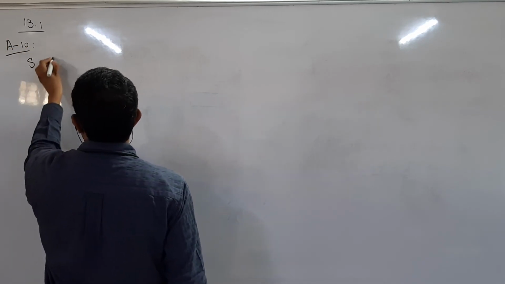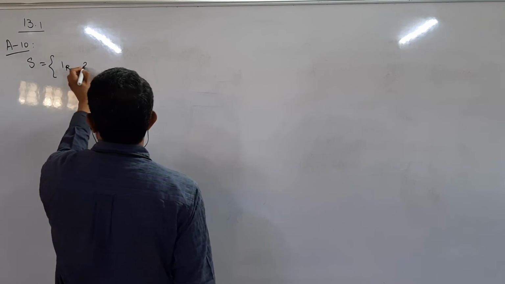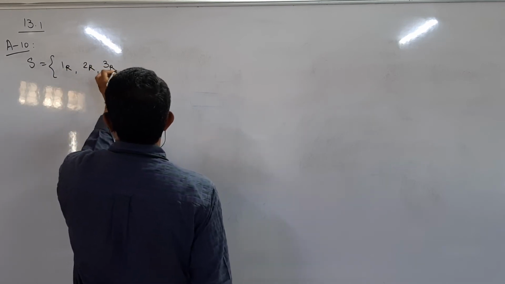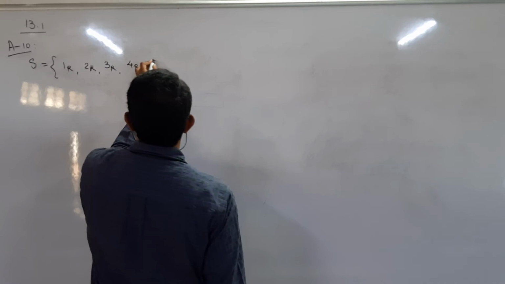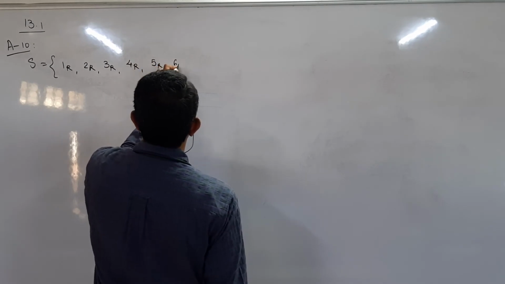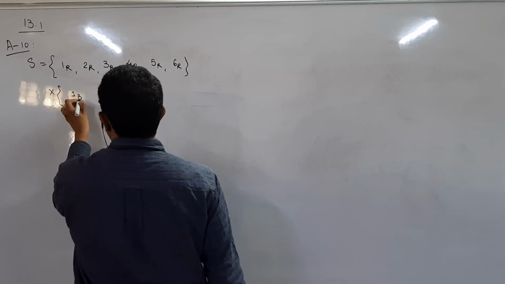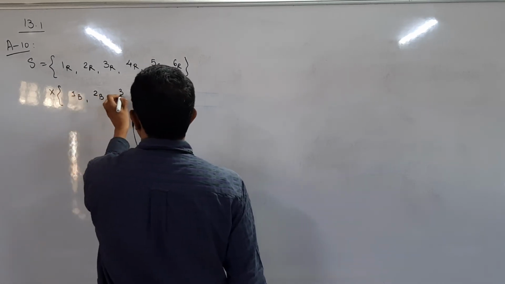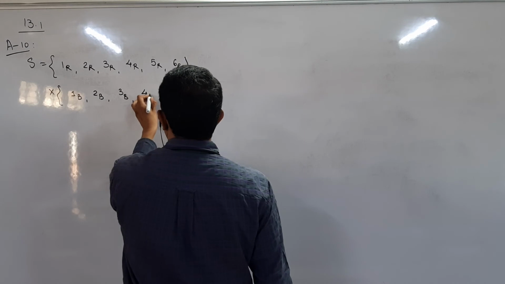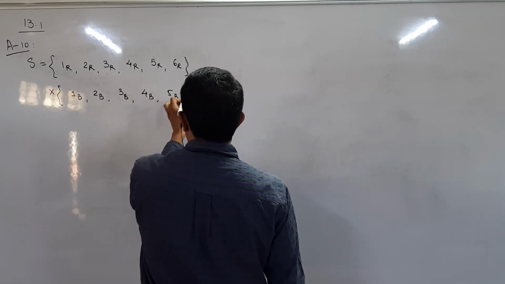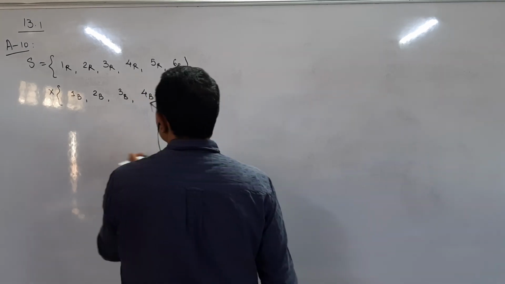So, the sample space is written as 1R, 2R, 3R, 4R, 5R, 6R into 1B, 2B, 3B, 4B, 5B and 6B.